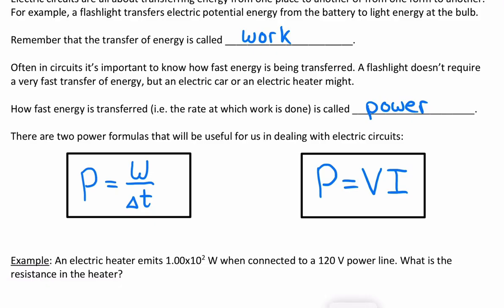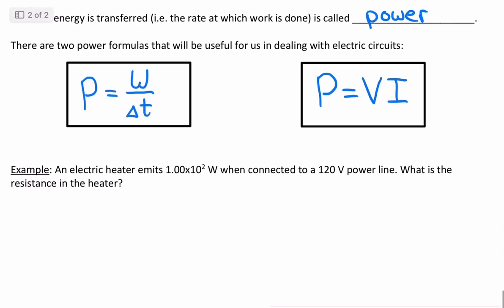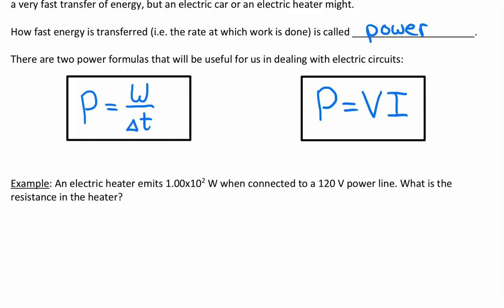So let's tackle an example here. An electric heater emits 1 times 10 to the 2, so 100 watts, when connected to a 120 volt power line. What is the resistance in the heater? Okay, so we have here an electric circuit that is doing what all electric circuits do.